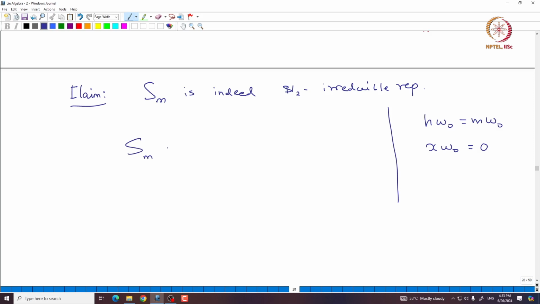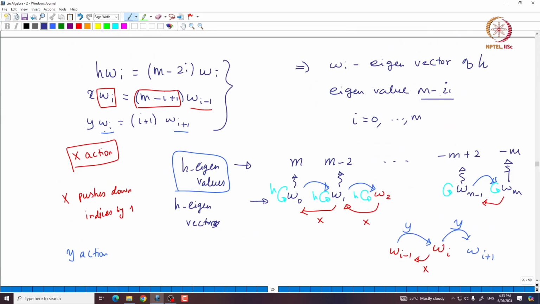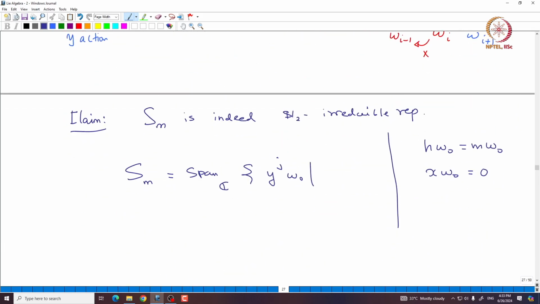S_m is indeed the span of Y^j w_0, because applying Y on w_0 takes you to w_1, and applying Y again takes you to w_2, and so on. We need to apply up to m.